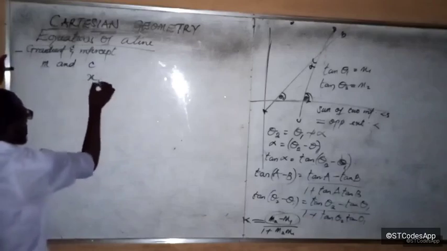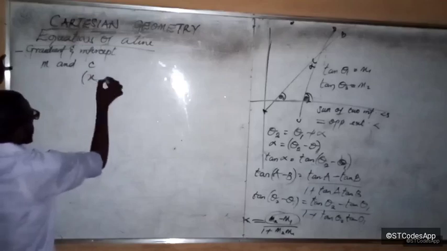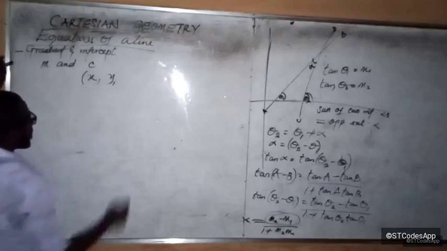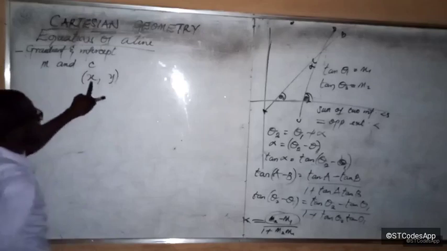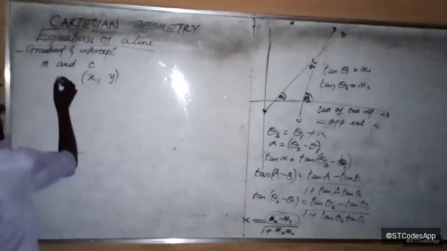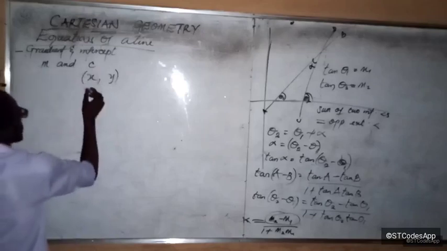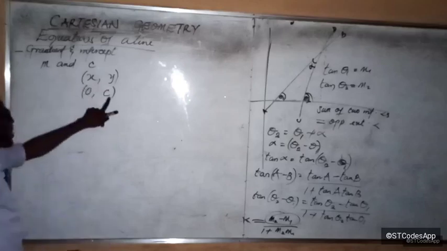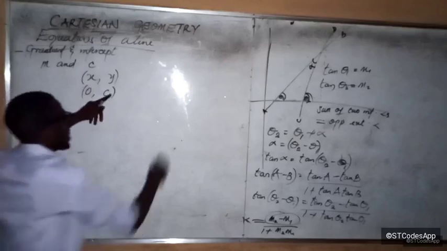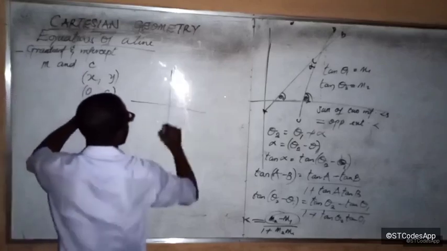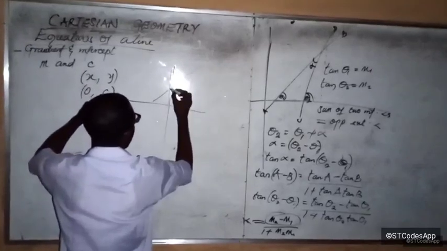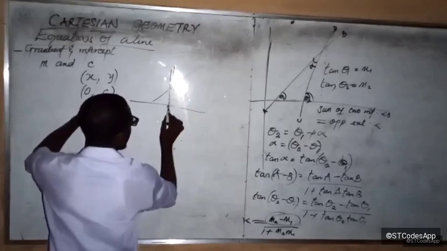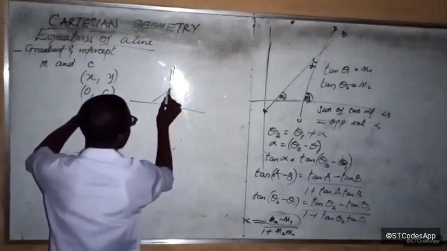We have a point that has coordinates x, y, and another point that has coordinates 0 and c. Why? Because y-intercept is the point where the line cuts the y-axis. At this point, the x value is 0, and we have only a y value.